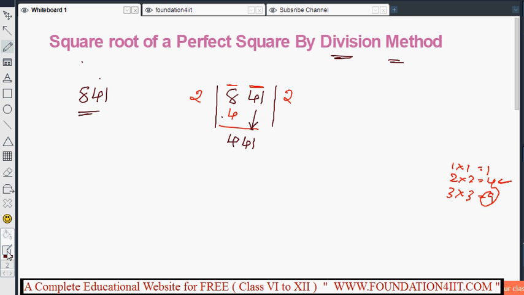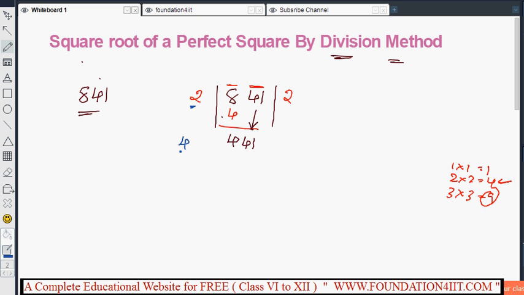Next, the method is that the 2 in the divisor place should be doubled. Here there is only one number, 2, so if you double this, it becomes 4. We add the unit number to this divisor. That means we add 2 again, and that is 4.